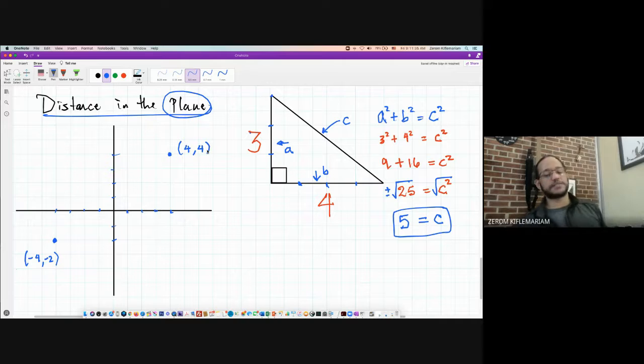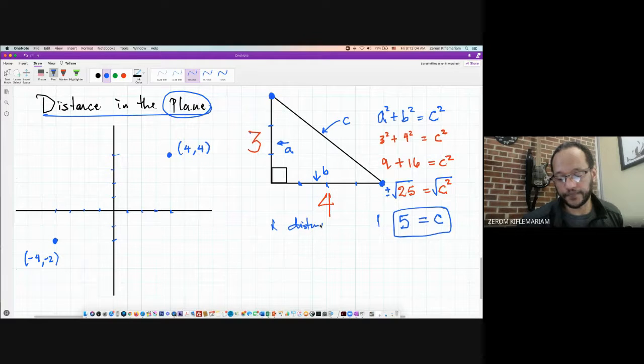So what is the distance between the two given points? Since it is diagonal, it's almost trying to find the distance between this point and that point. If it is diagonal, then I have to use the Pythagorean theorem, which means over here, I need to know the distance of x.